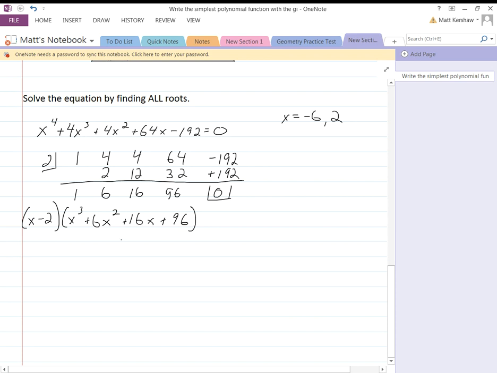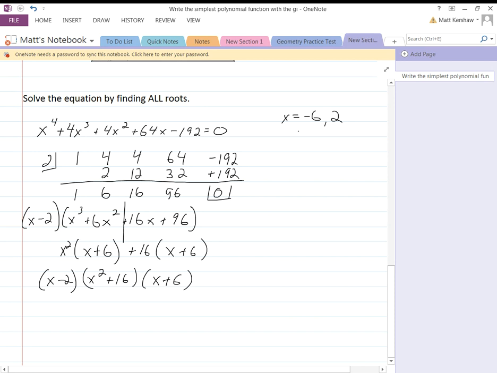So we'll cut it in half. And let's take an x squared out. And so now this gives me x plus 6. Take a 16 out. And that gives me x plus 6. Put it together. X squared plus 16, x plus 6. And then we still have the x minus 2.